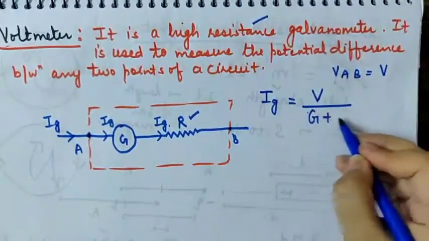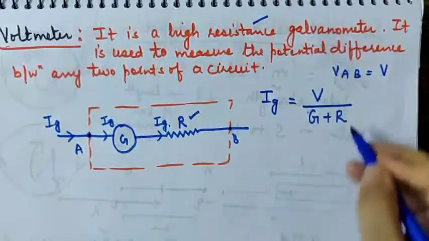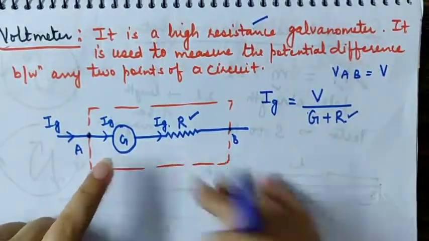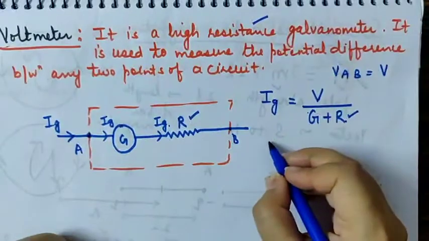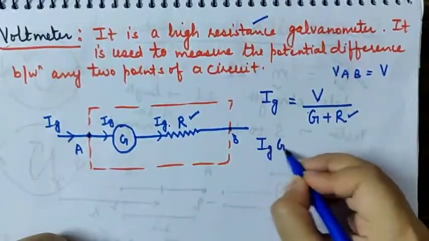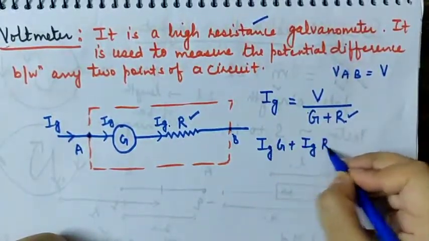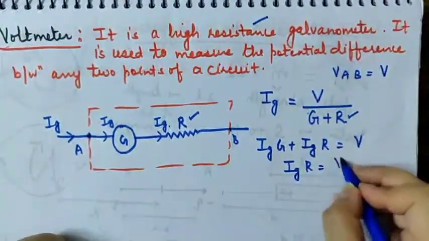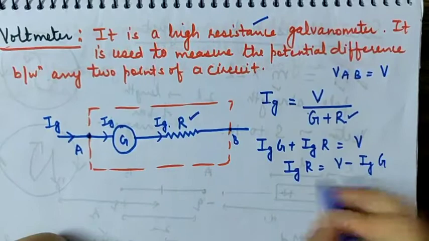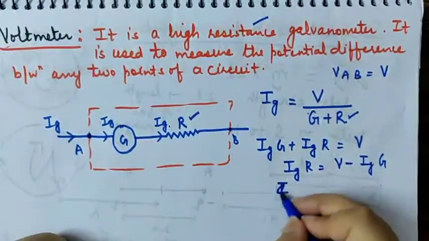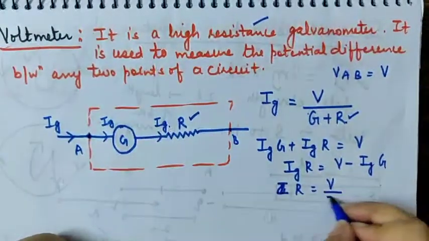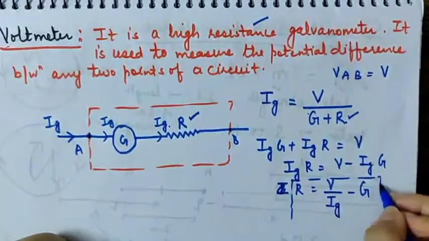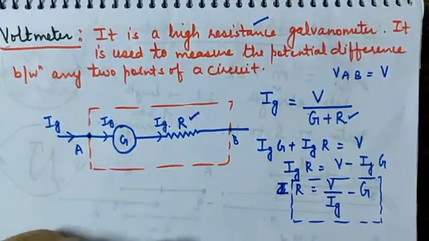Total resistance is G plus R. So if I need to find the value of R to be connected in series, then Ig into G plus Ig into R is equal to V. Solving it further, Ig into R is V minus Ig into G, so R is equal to V upon Ig minus G. So this is the formula which will be required for the numerical purpose.